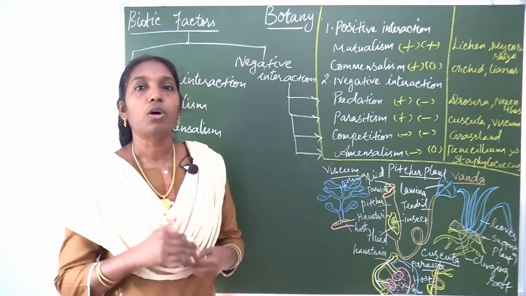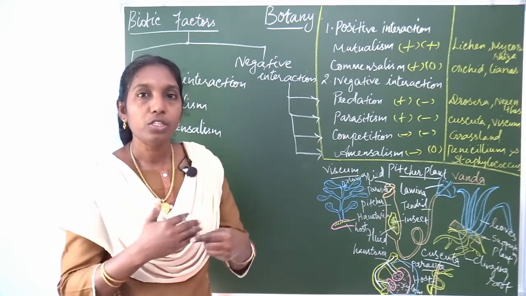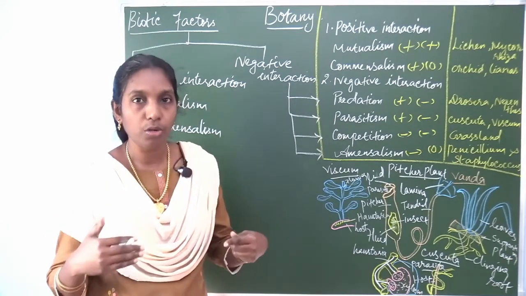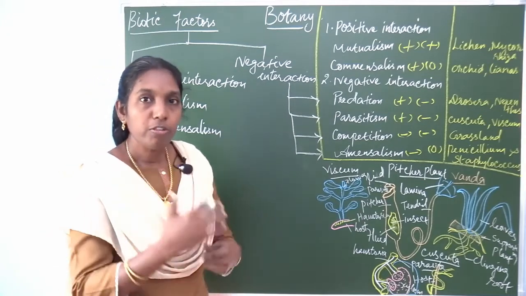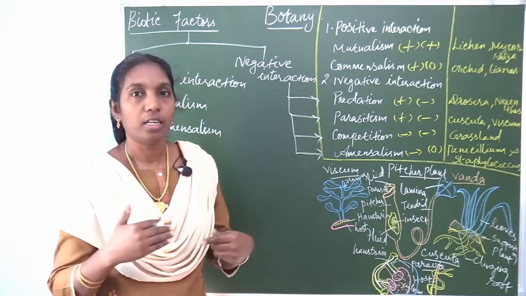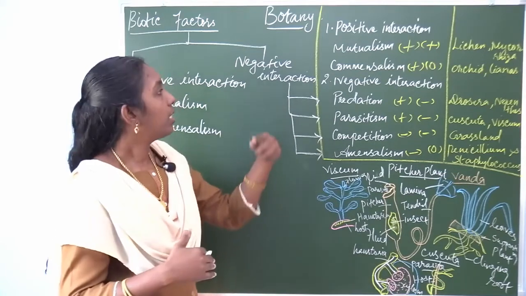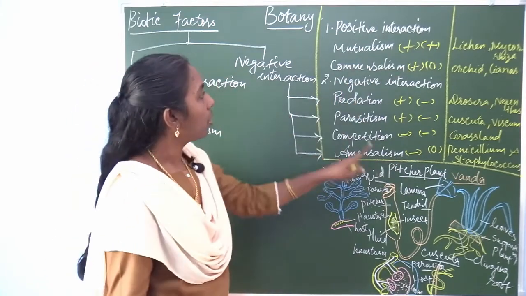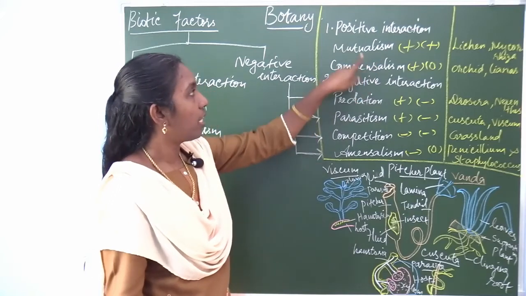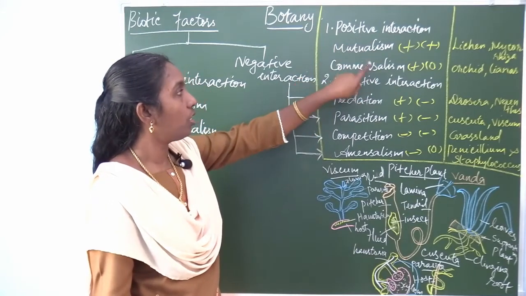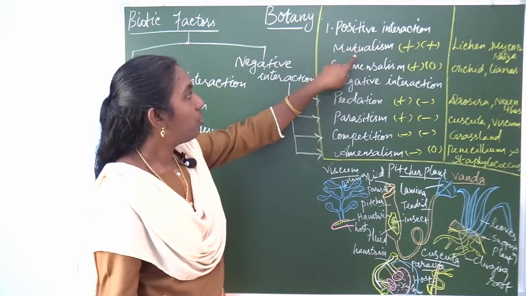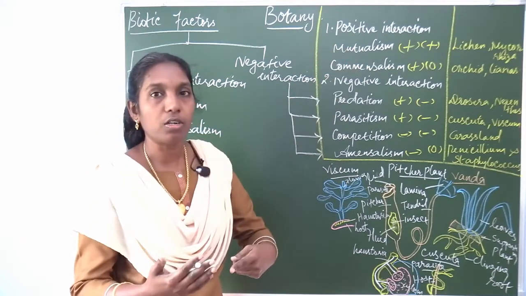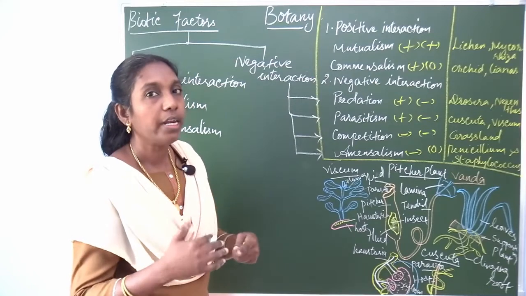Positive interactions are interactions between two different species. Among these, in mutualism, both the species are benefited, but in commensalism, look at this table column. Here, mutualism and commensalism are the positive interactions, classified into two different types based on their benefit and effect.